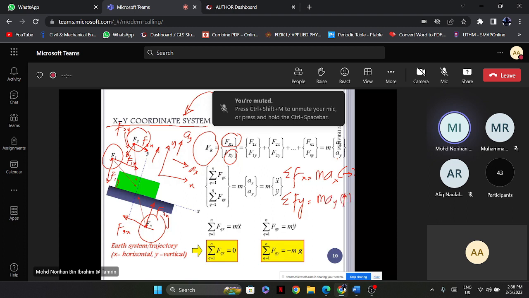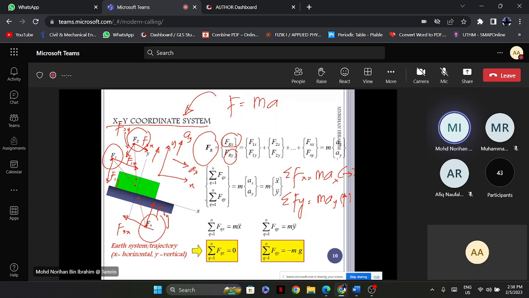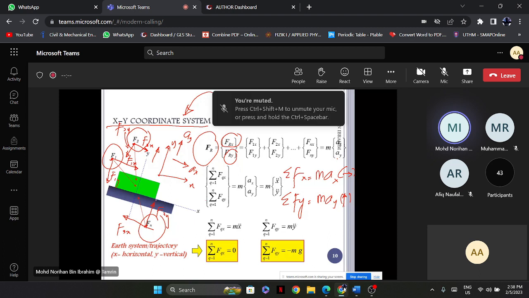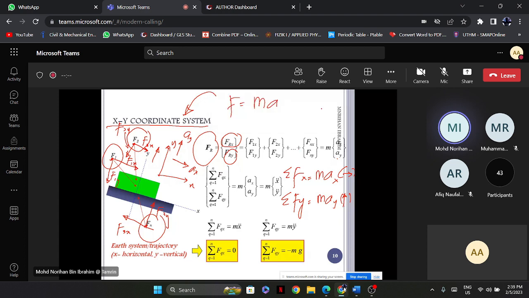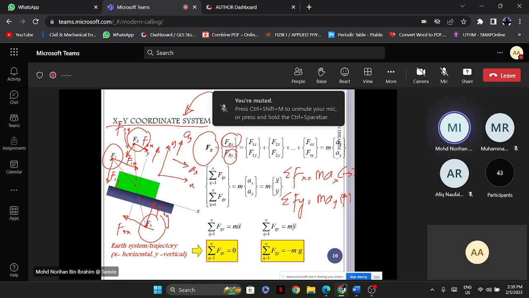This one is our positive sign convention. So it depends on the direction of motion of this particle or object or physical body. If it moves to the leftward, we can use the positive sign convention simply like this. Let's say this one is x, then we need y.